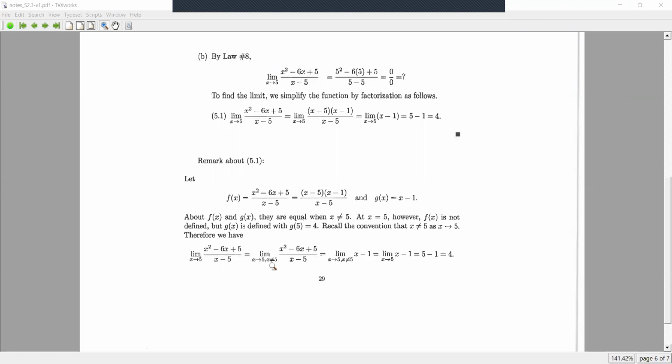So when x is not equal to 5, function f is equal to function g. So we have this equation. As x approaches 5, x minus 1 will approach the number 4. So therefore, this limit is number 4.